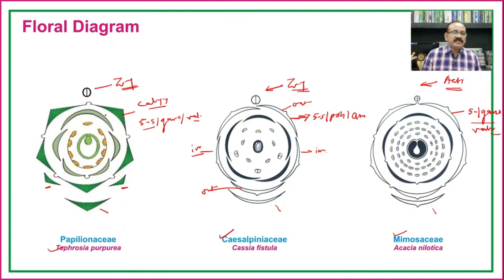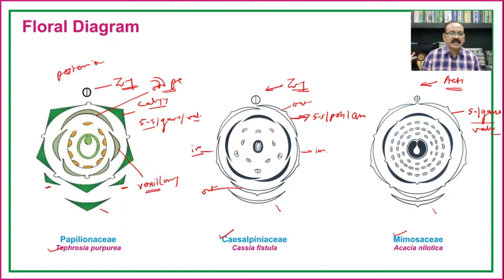Then the arrangement of the petal: there is a presence of an odd petal which is present on the posterior side. In the family Papilionaceae, the type of corolla is papilionaceous, and the type of estivation of the petal is vexillary.